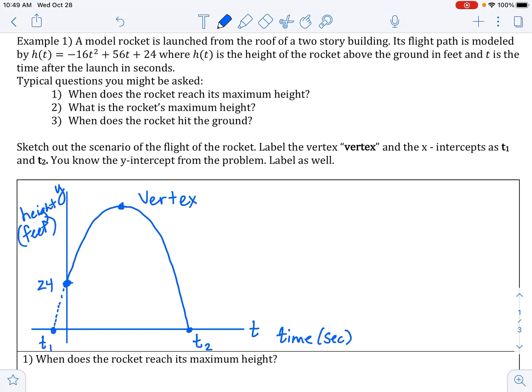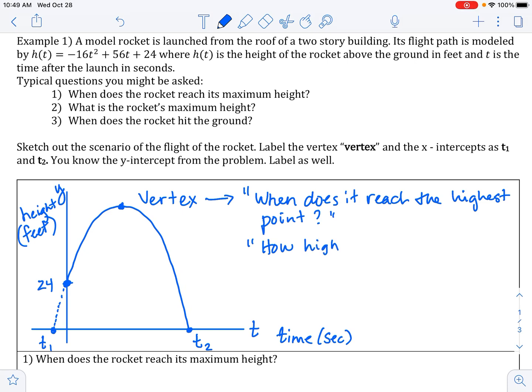All right, our vertex, this is what we would want to look at for the first two questions of when, right? When is it going to reach the highest point? That is going to tell us that. And the other question that this point will answer for us is how high.